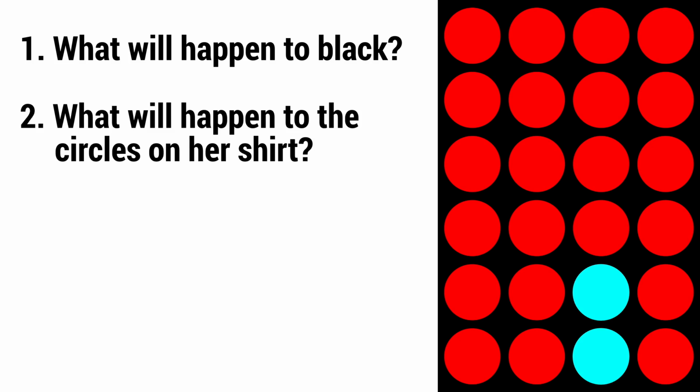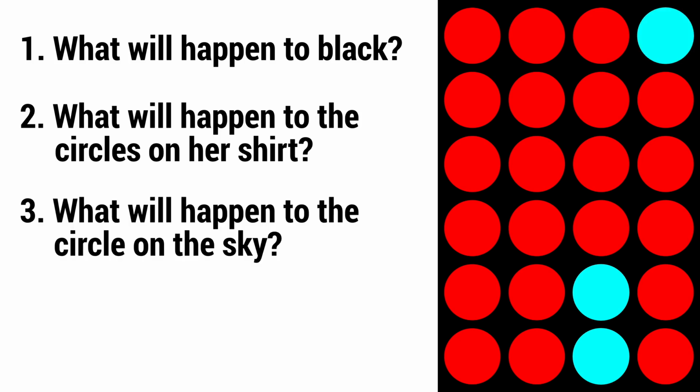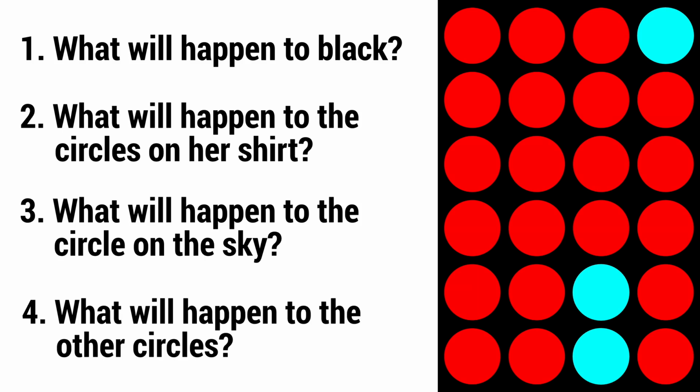Remember that her shirt is very dark, so it doesn't have much brightness to contribute to screen. Question number 3, what will happen to the circle that's on the sky? Remember that the sky is so bright that it's actually pure white. And question number 4, what will happen to all of the other circles?